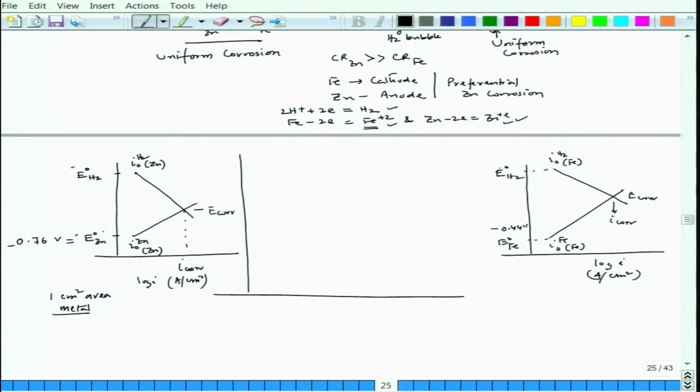Okay. Now, we have to put them on this scale. So, this is log I, this is E. So, this position does not change.